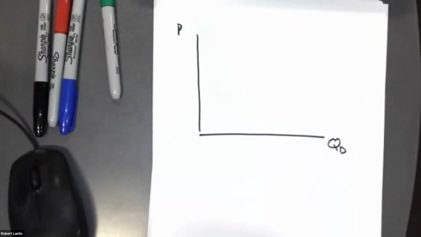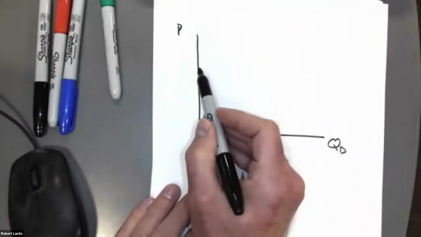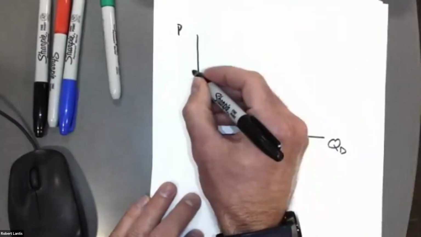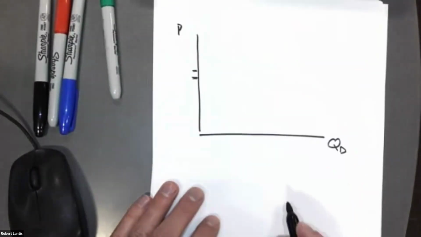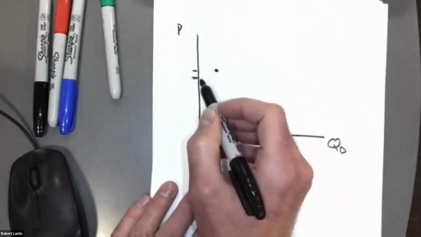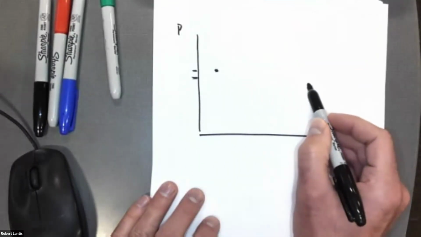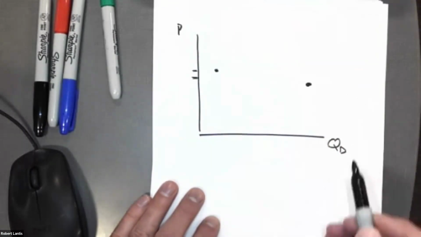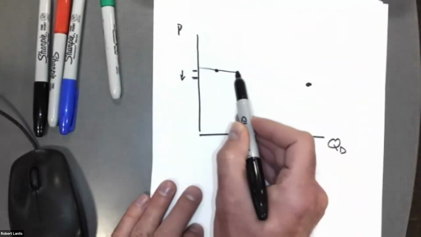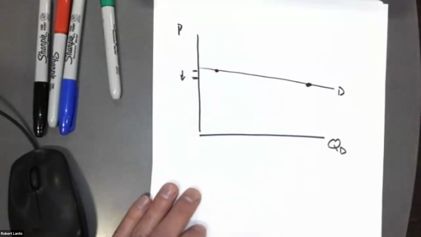Even if I don't want to draw a perfectly elastic demand curve, if people are really elastic, then at a lower price they're going to buy a lot more. They're very responsive to that price decrease, so I would have a demand curve that is pretty flat.